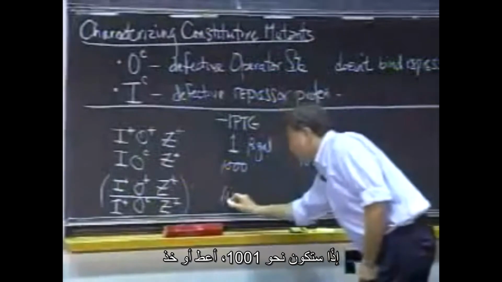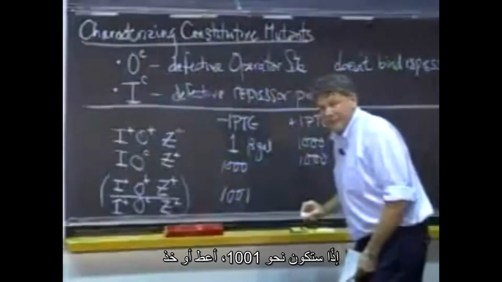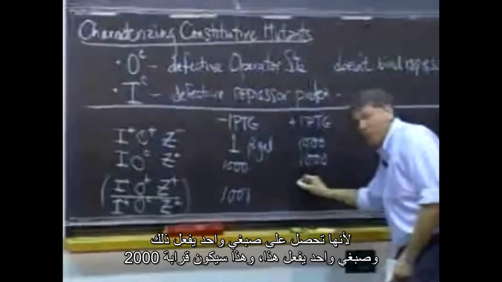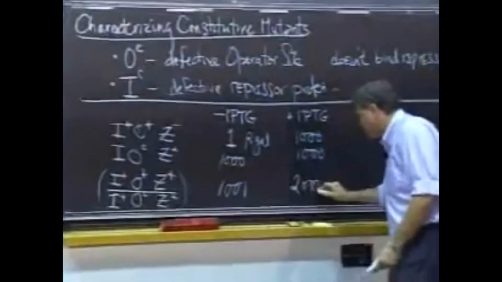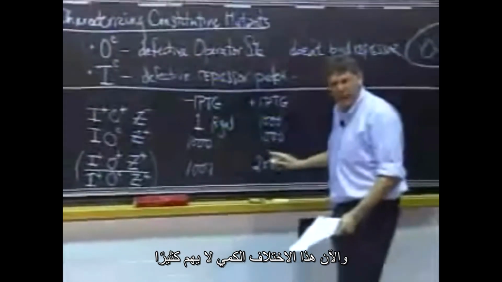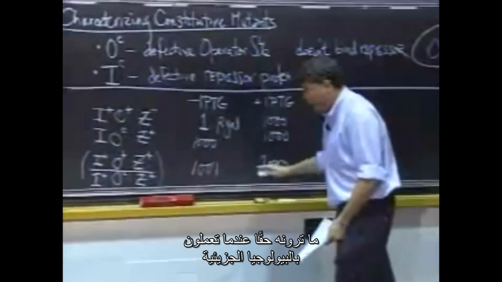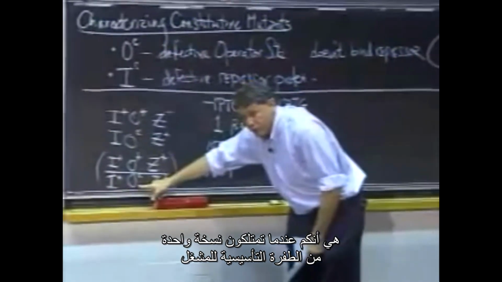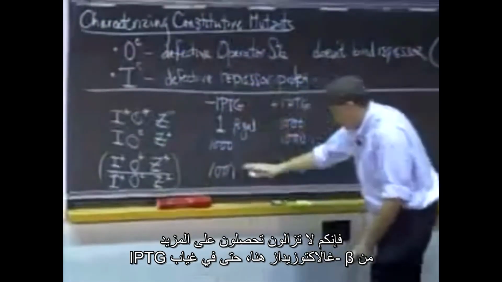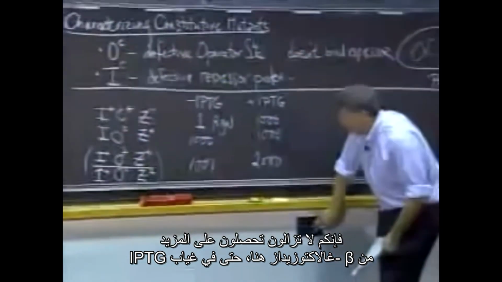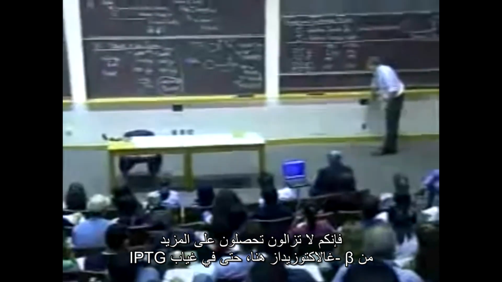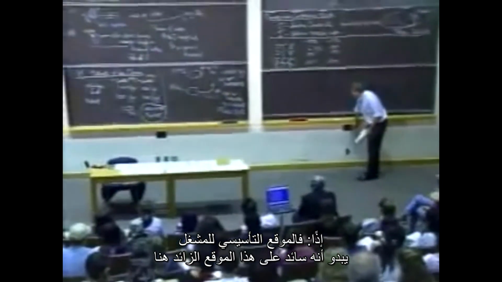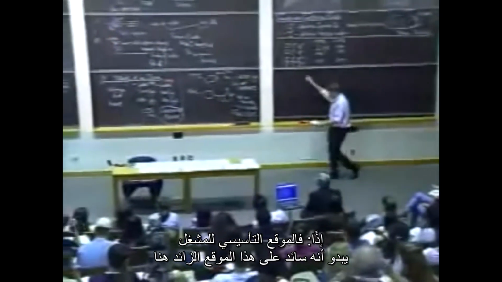So this would be about 1,001, give or take, because it's got one chromosome doing that and one chromosome doing this. And this one would be about 2,000. Now, that quantitative difference doesn't matter a lot. What you really saw when you did the molecular biology was that when you had one copy of the operator constitutive mutation, you still got a lot of beta-gal, even in the absence of IPTG. So that operator constitutive site looked like it was dominant to this plus site here.